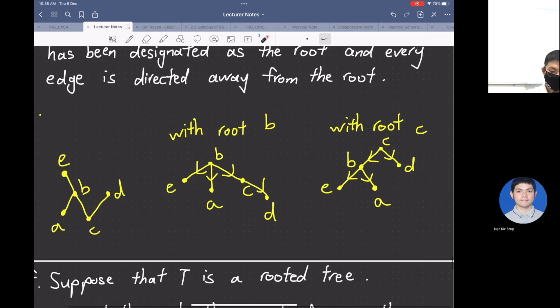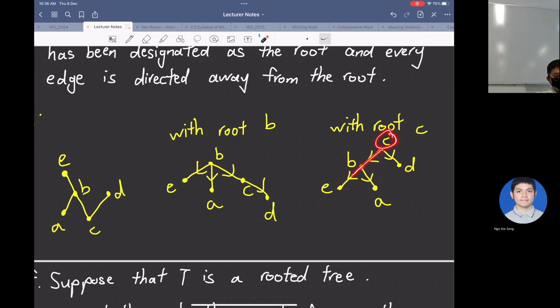So for a descendant of B, that means all the vertices that have B as an ancestor. Everything below B is your descendant, because they have B as their ancestor. It's a bit twisting. So a descendant is a vertex that has U as an ancestor.